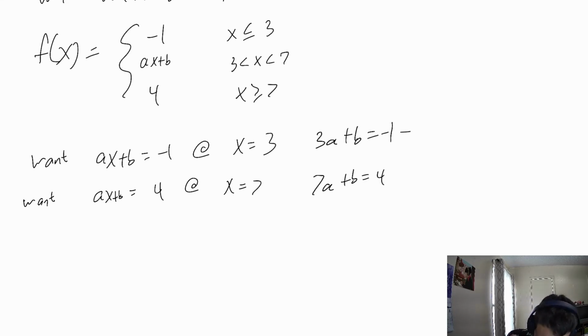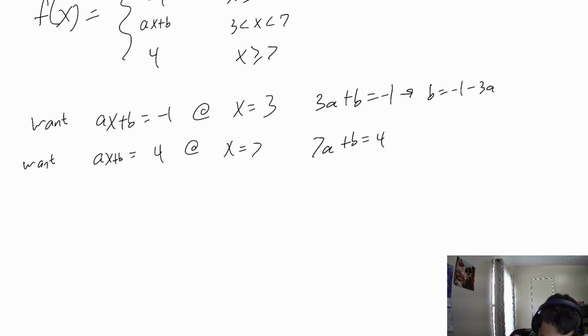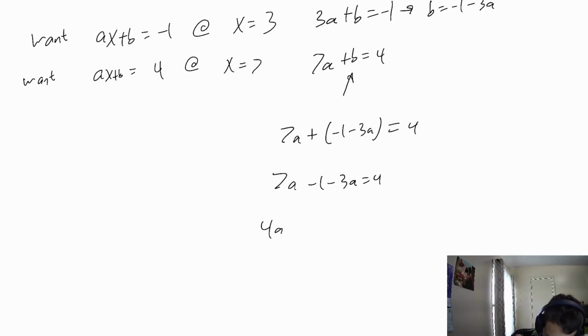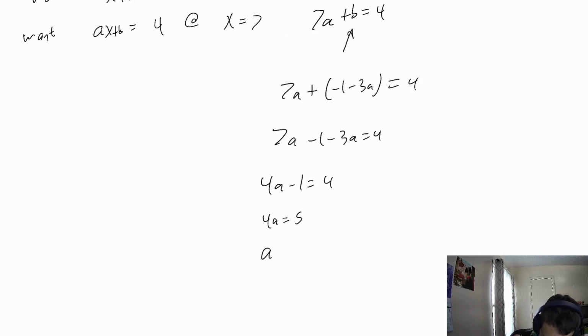So this top line here, we can rewrite to give us b equals -1 minus 3a. Then we plug that into here for b, and we get 7a plus -1 minus 3a equals 4. So we have 7a minus 1 minus 3a equals 4, which is 4a minus 1 equals 4, 4a equals 5, and thus a equals 5 over 4, which is 1.25.